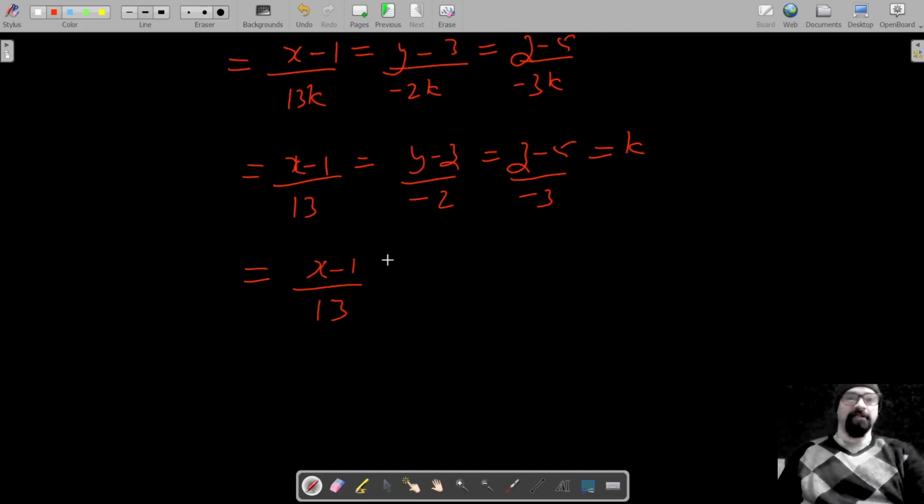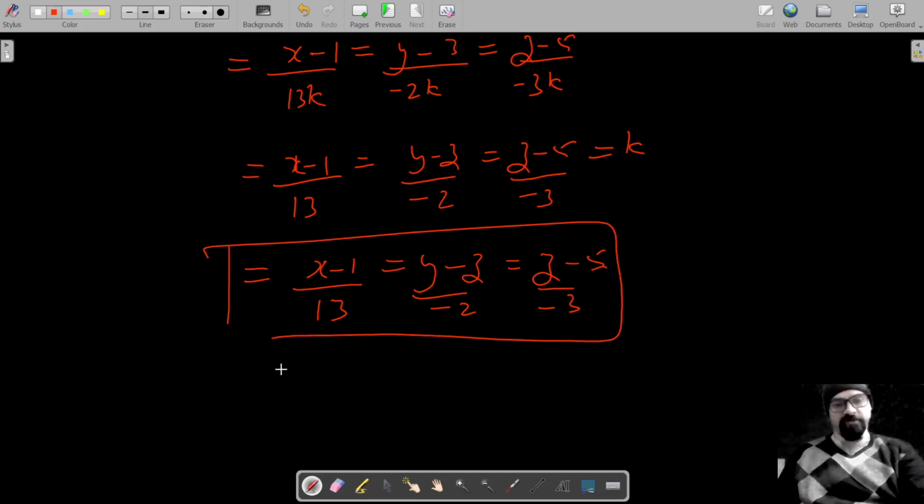So this is the required equation of the line which passes through the point of intersection of the two given lines and is perpendicular to them as well. So x minus 1 by 13, y minus 3 by negative 2, and z minus 5 by negative 3.